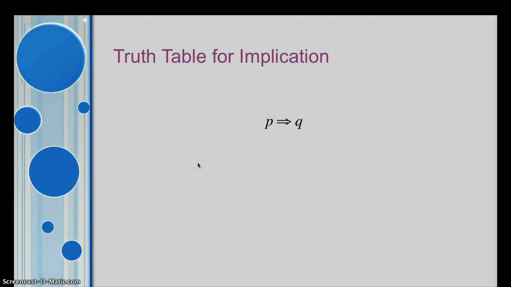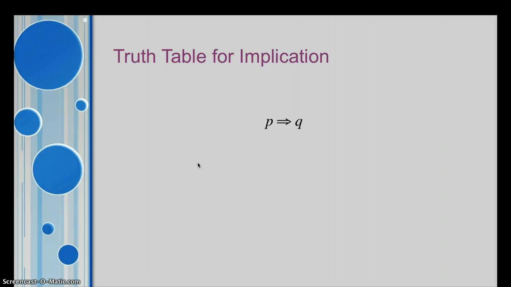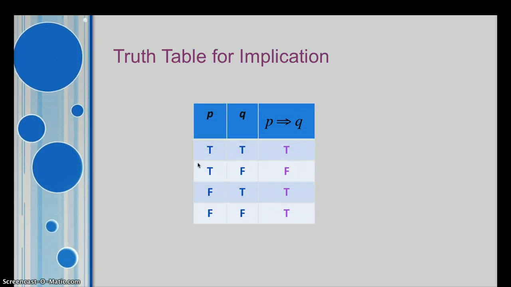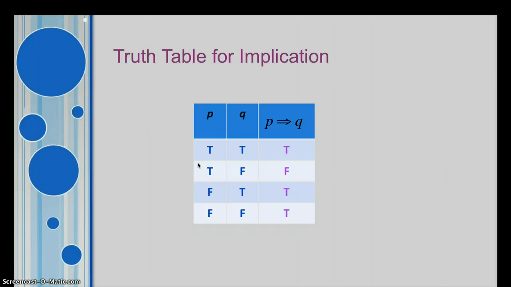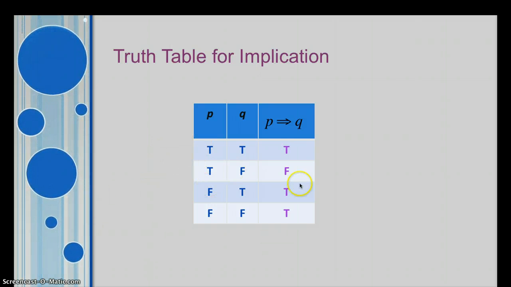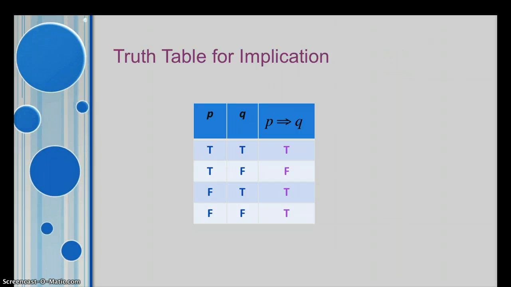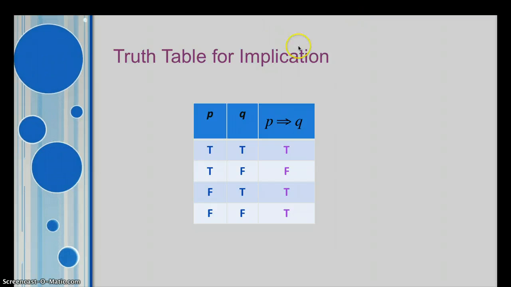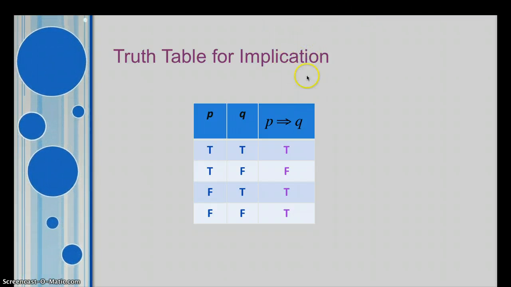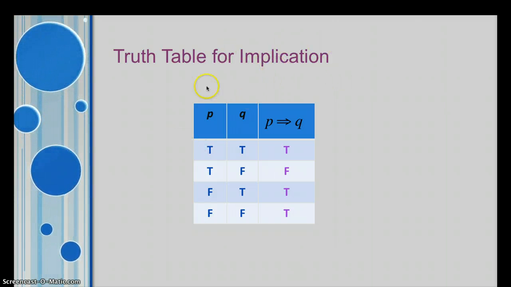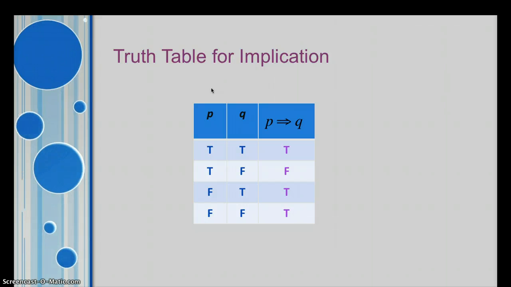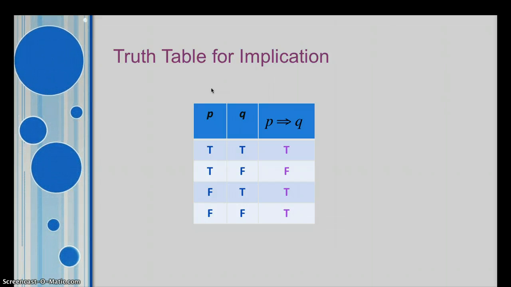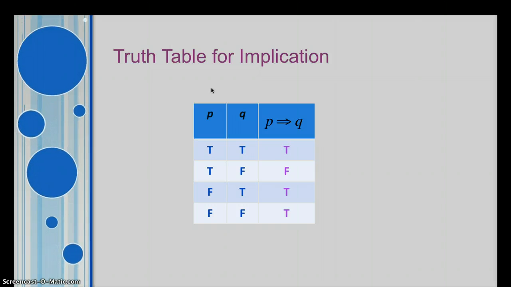Remember that it's important to use the truth table. Here is the truth table for implication. If your first proposition is true and the second proposition is true, your if-then implication is true. If the first proposition is true and the second one is false, the implication will be false.